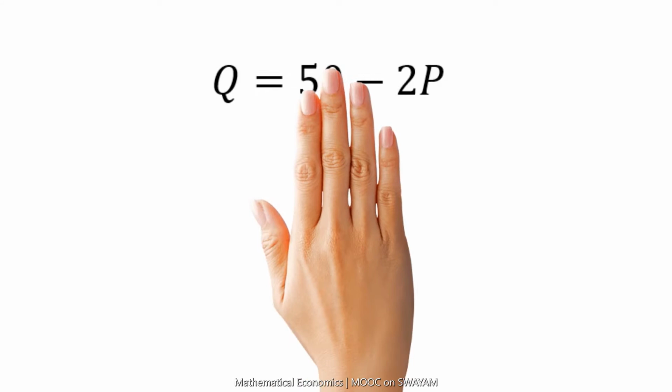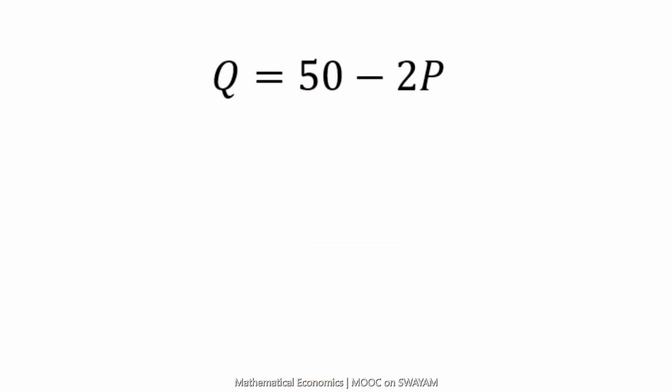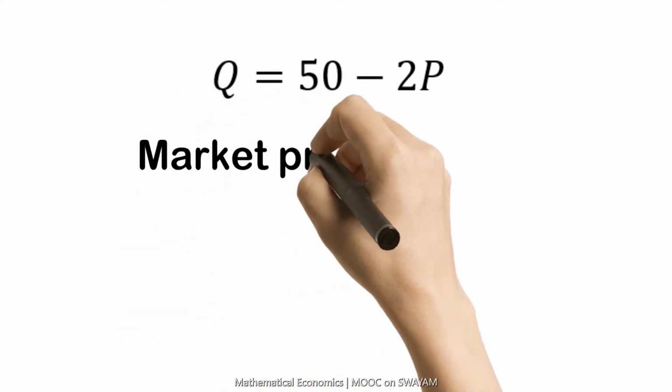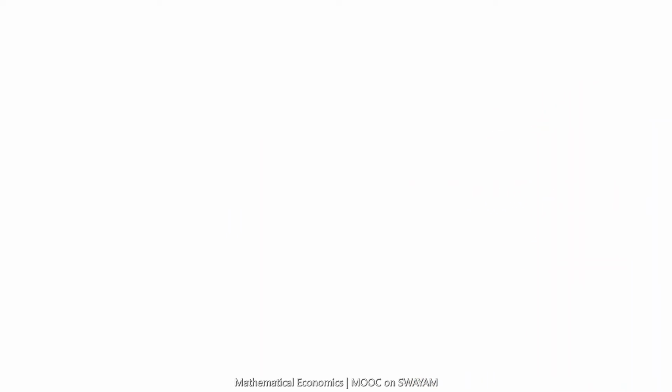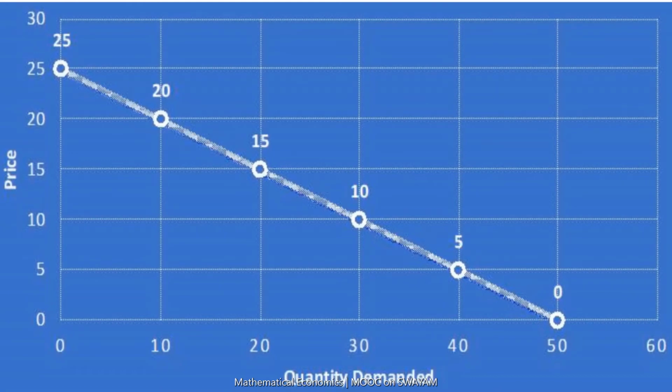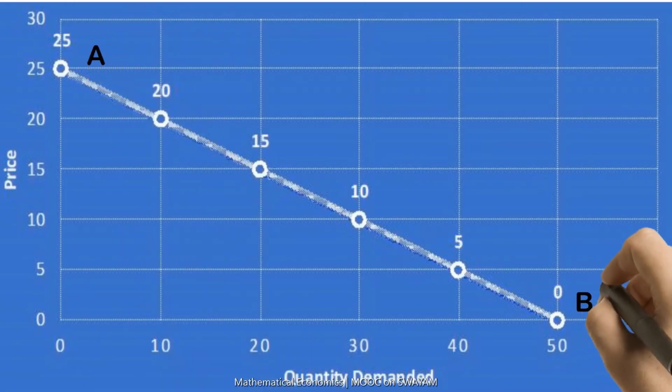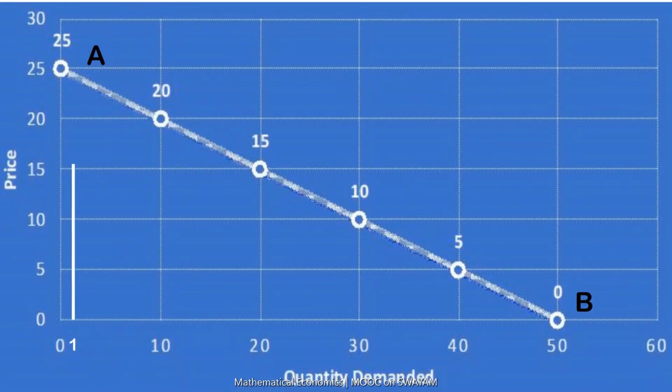Suppose a consumer is faced with this demand function for a good, and the market price of the good is rupees 20. This is the graph of the function, and AB is the demand curve. Consider the first unit.